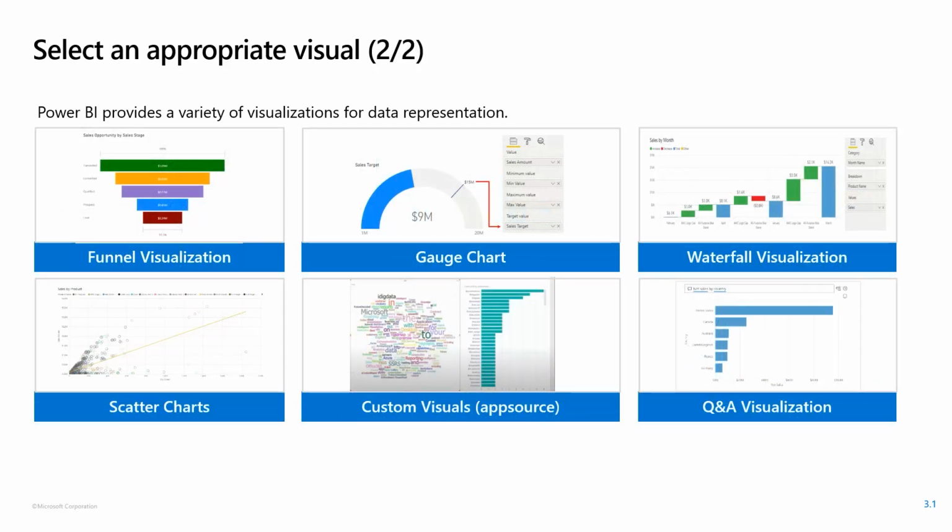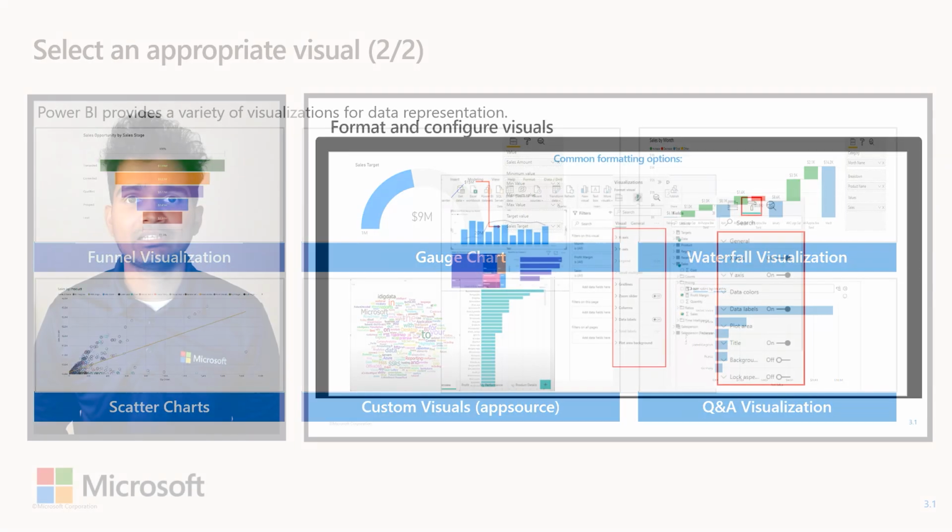There are other visuals like funnel, gauge chart, which are useful to measure against a target, waterfall visualizations, scatter charts, which are useful for identifying outliers, custom visuals. Be aware of the limitations that some organizations put on these visuals. And finally, AI-powered visuals like Q&A visualizations.